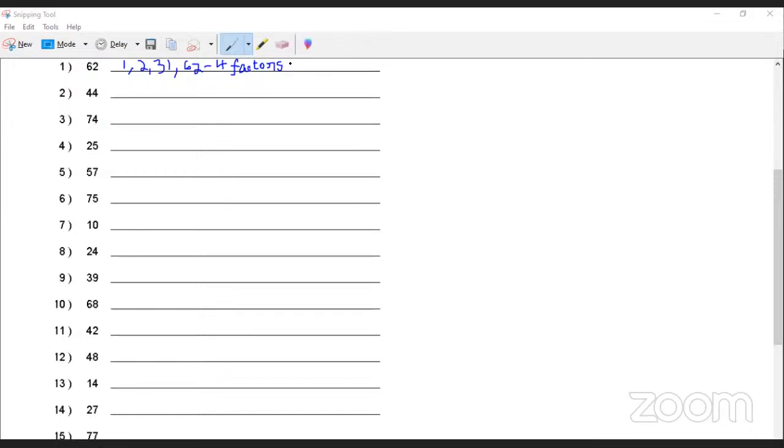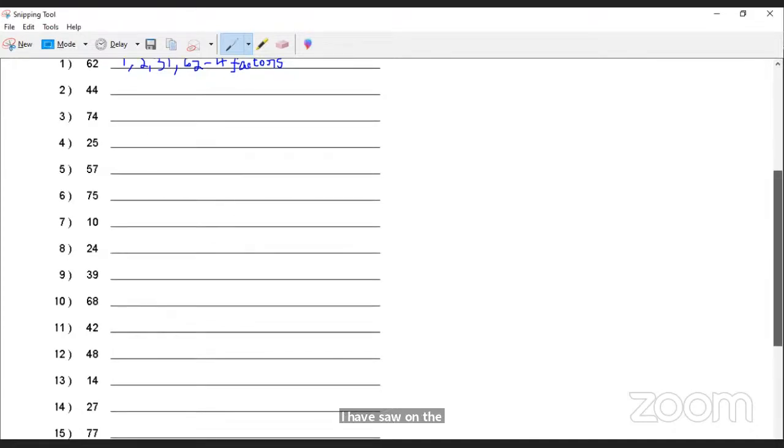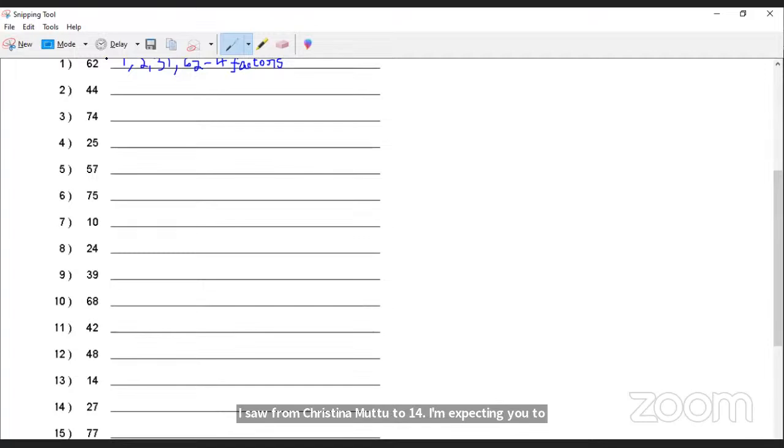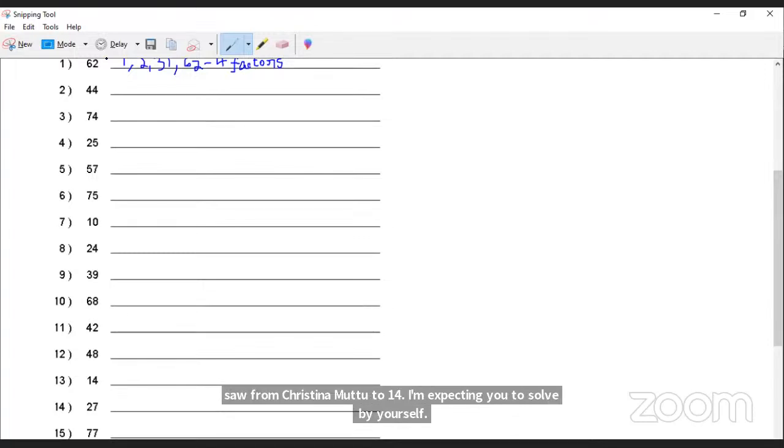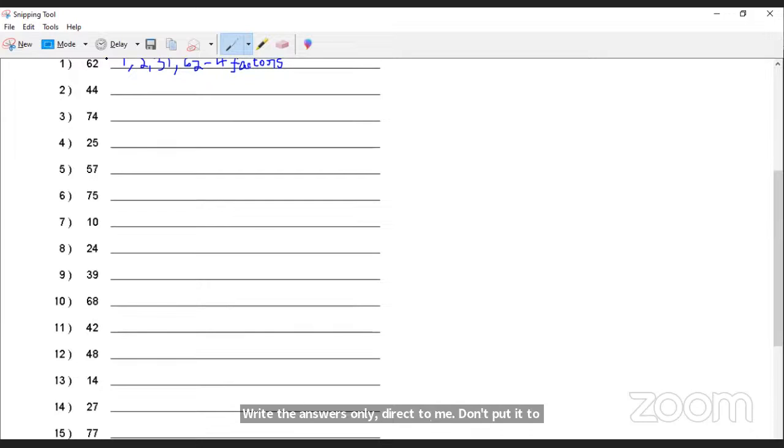The way I've written it, find the factors, write them, and write how many factors there are next to it. Please do it only with your pen, or if you can do the mental calculation, always welcome. That would help you solve faster. I'm giving you practice questions. I hope you could see, one question I have solved, and the remaining 14 are yours: from question number 2 to 15 I'm expecting you to solve by yourself. Write the answers only directly to me, not to everyone. Put all the answers together, don't put the answers one by one, from question number 2 to 15. Please put it in a private message to me.